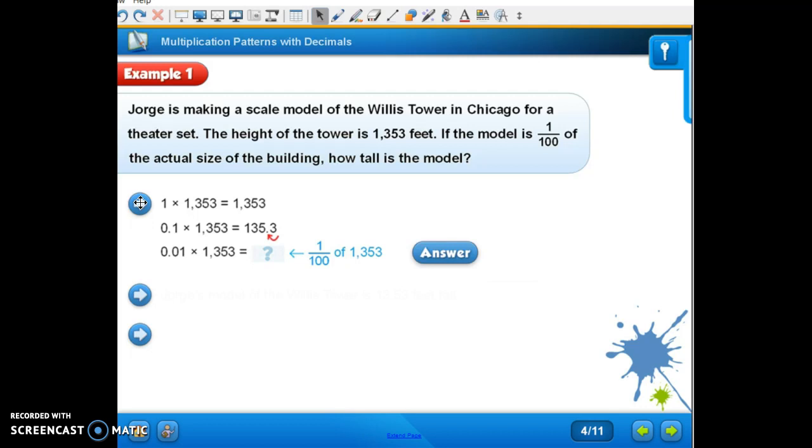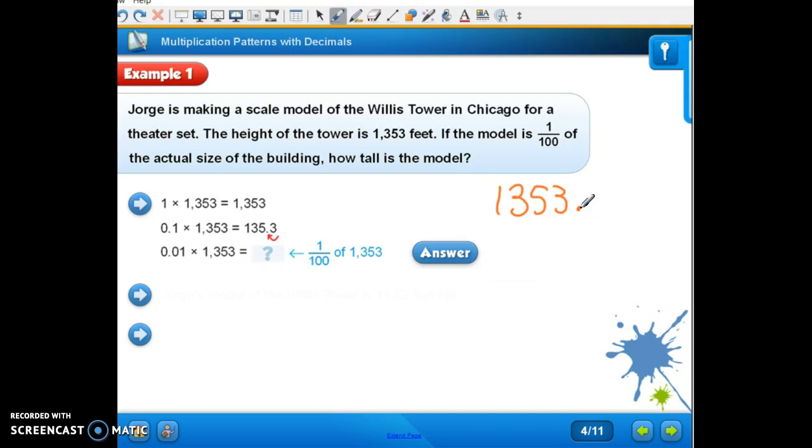Which way did we move our decimal to make it greater? To the right. Which way are we going to move our decimal to make it smaller? To the left. So now what you need to understand is when we have a number like this, it is understood that there is a decimal point after the ones place. So if you see a number with no decimal point, then you should know that the decimal is right there to the right of the ones place.